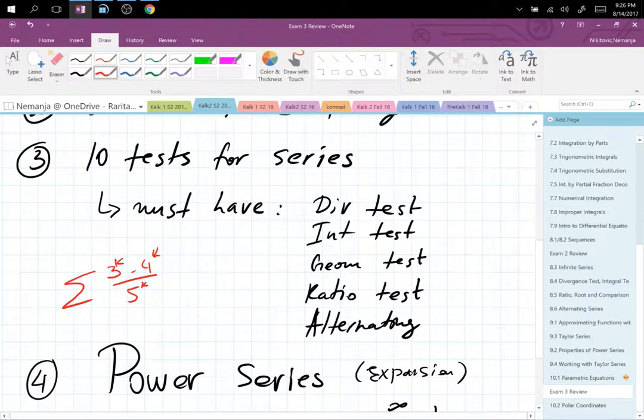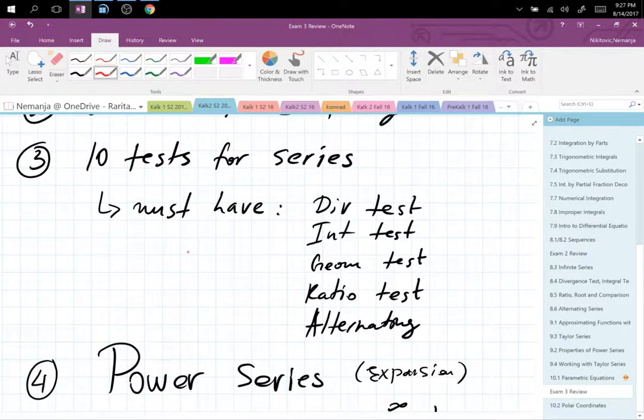You can split this, and both of those converge, and for both you can find individual sums, right? Now, if this 4 was 8, then the one on the left converges, the one on the right diverges, so together they diverge, right? So be mindful of those situations when you can split into two separate series, and then check for convergence of both.